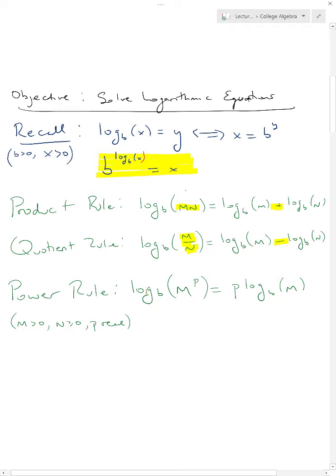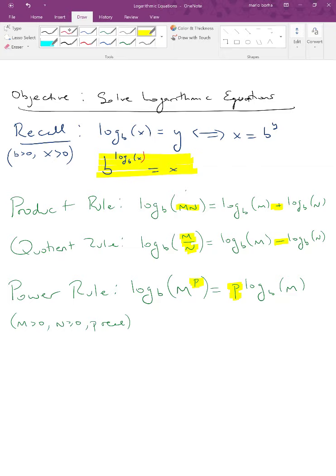And lastly, we have the power rule, that log base b of m raised to a power equals the power as the coefficient of the log, so p times log base b of m. Keeping these rules in mind, we can now tackle the three types of logarithmic equations.